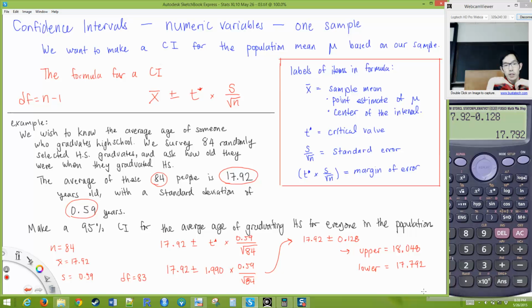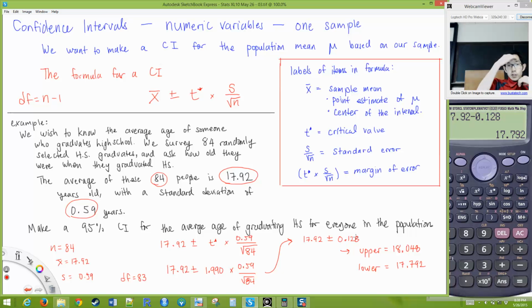Now think of the number. What is the margin of error? Okay, and what's the answer there? 0.128, right? It's the t star times s over the square root of n, so it's this entire thing right here, 0.128. That's your margin of error.